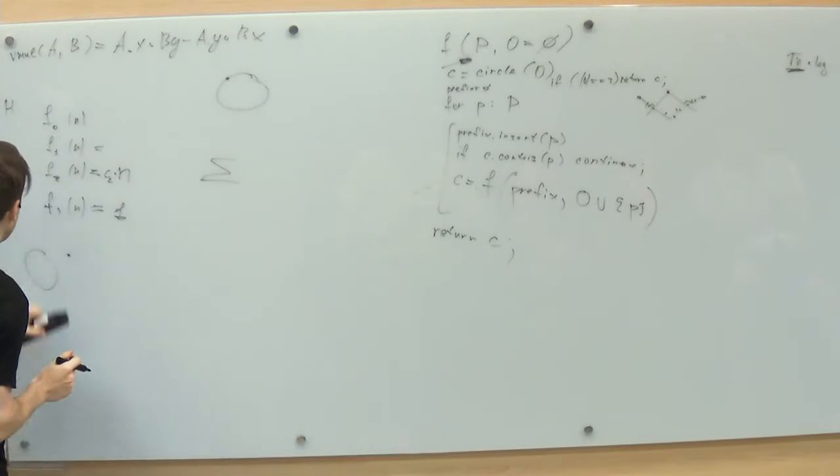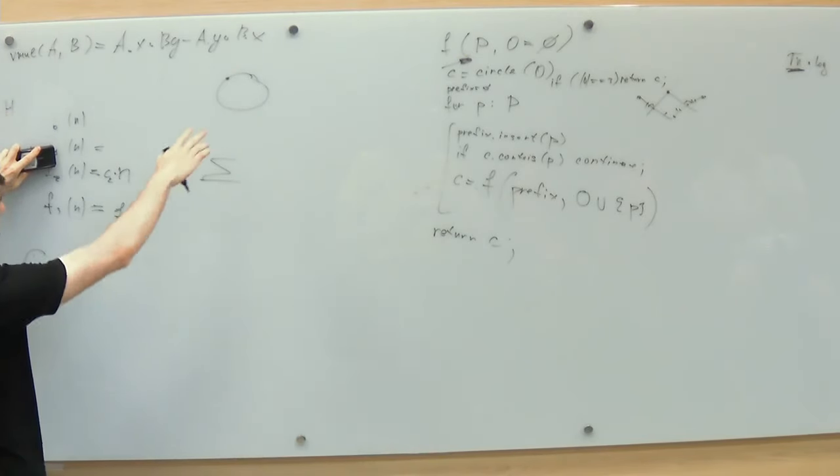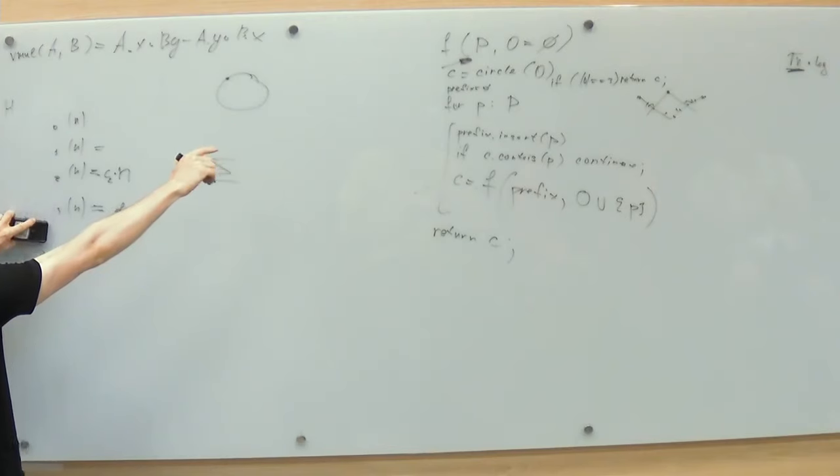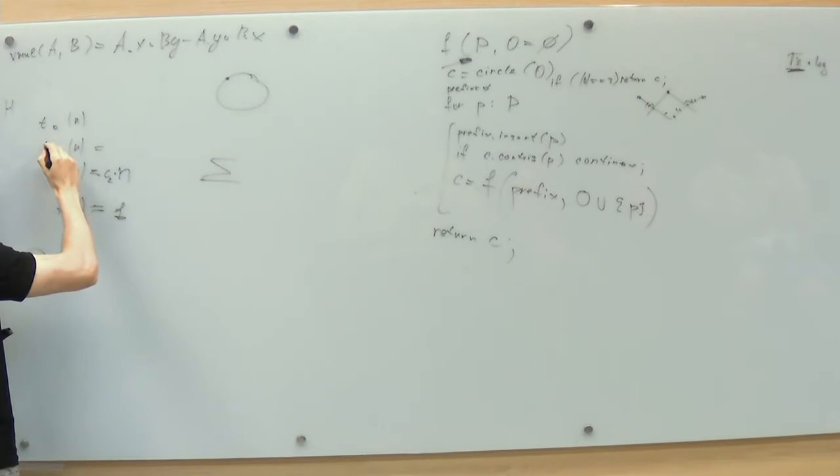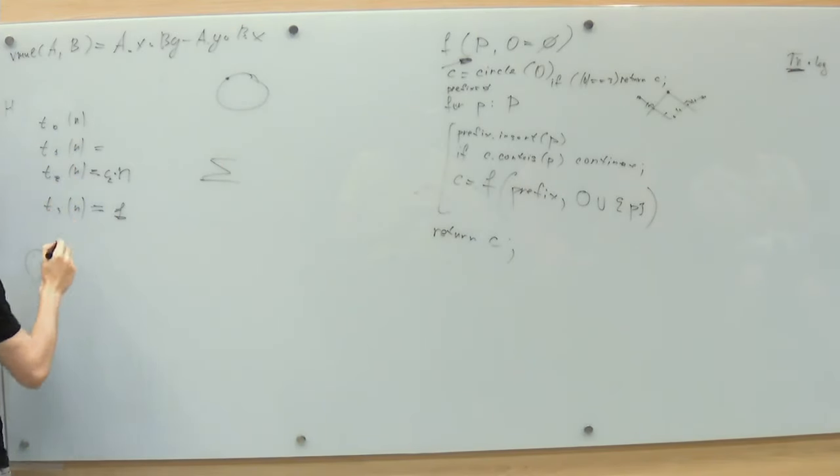Maybe it would be better if I don't put it as F, because by F I define the name of the method. Here, let's call it T. T is the time for the corresponding algorithm.